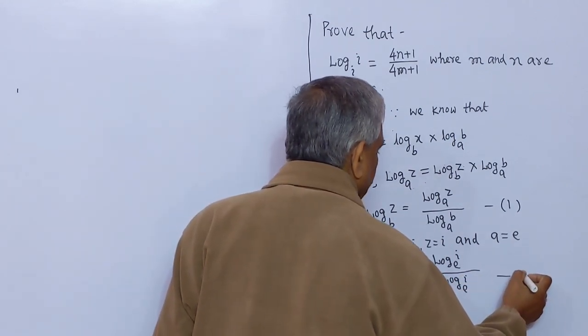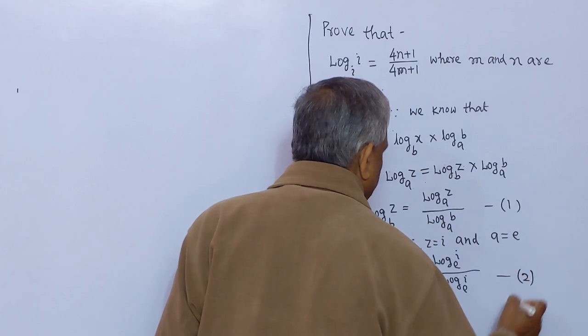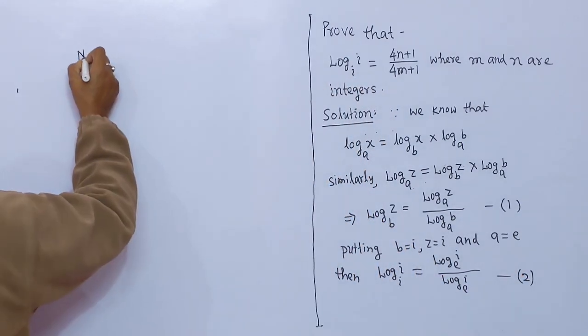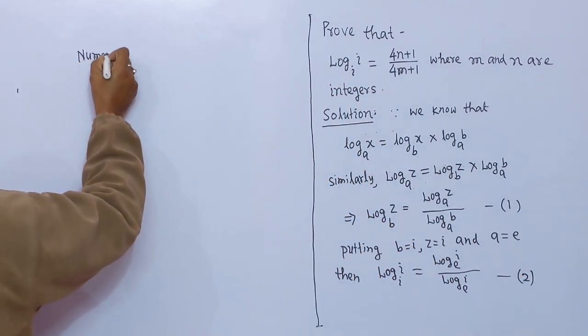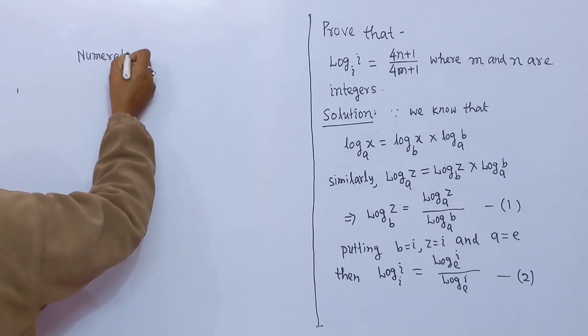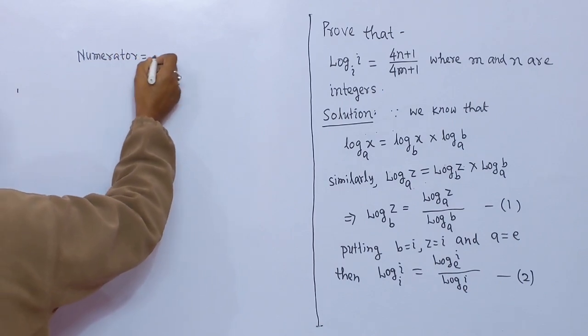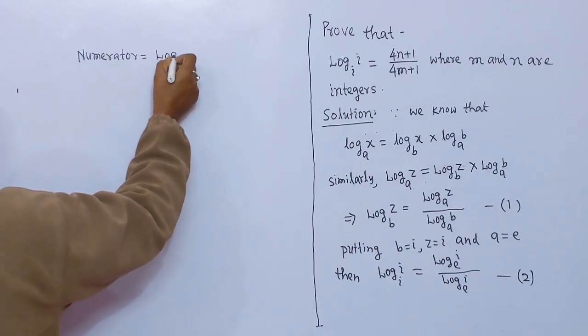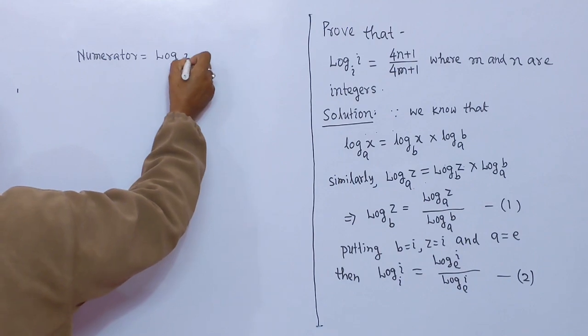Let this be number 2. Numerator: log base e i.